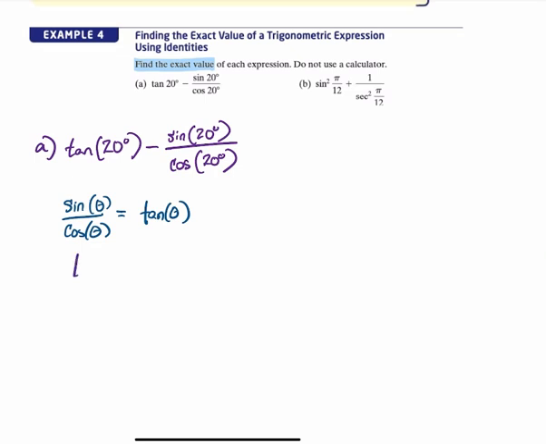I'll turn the right side into the tangent. So tangent of 20 degrees minus just the tangent of 20 degrees again, because we're saying that this part is just equal to the tangent. I'm not sure what these are equal to separately, but we're taking something and subtracting the same value. So these should just cancel out to 0.